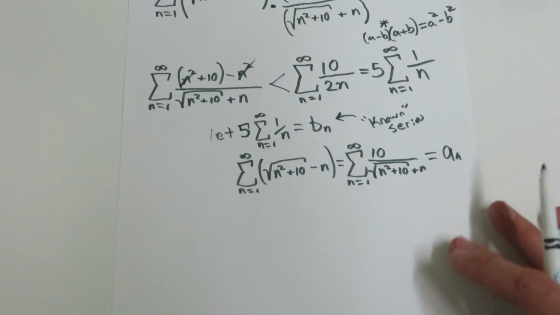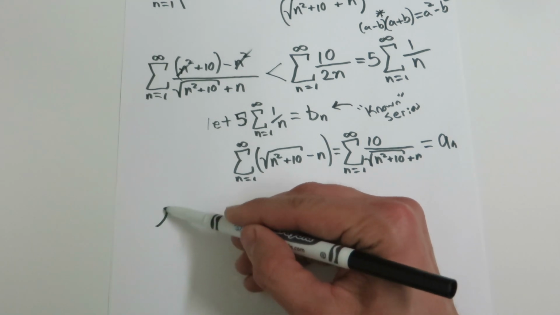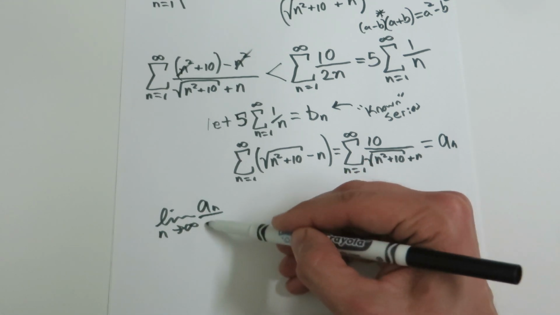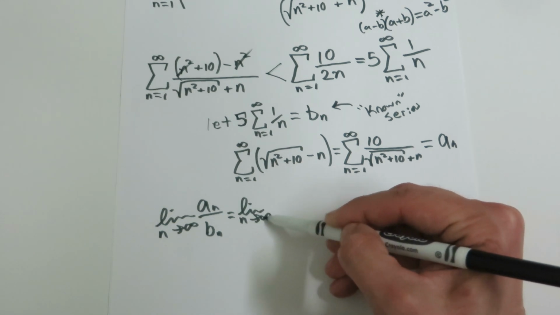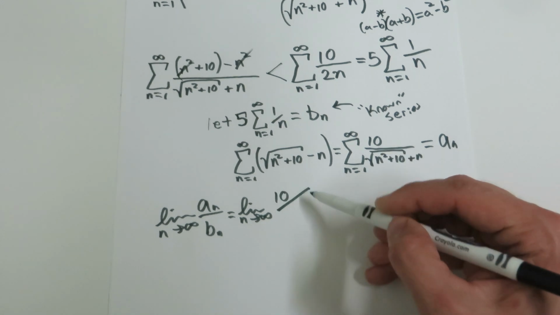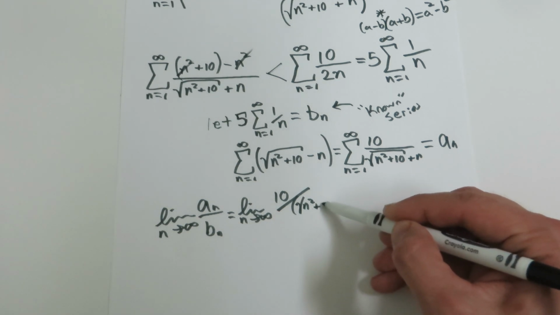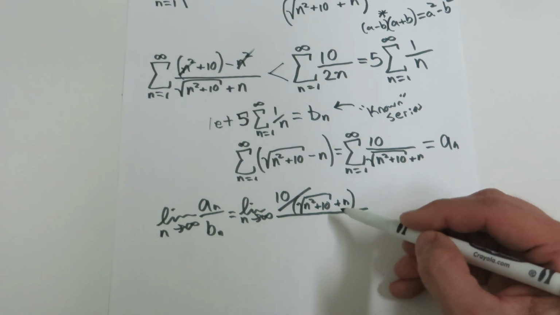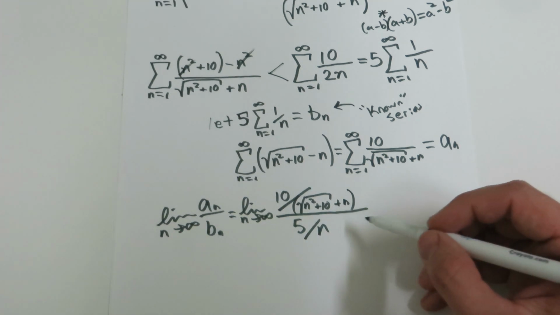So then, using our limit comparison test, we can write the limit as n approaches infinity of a sub n over b sub n is the limit of 10 over root n squared plus 10 plus n over 5 over n, sorry.